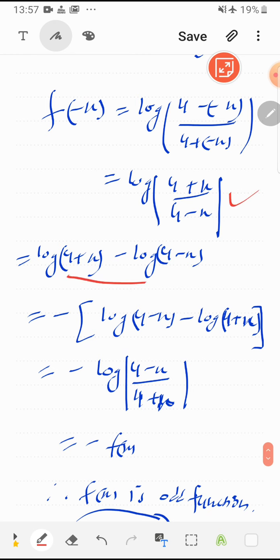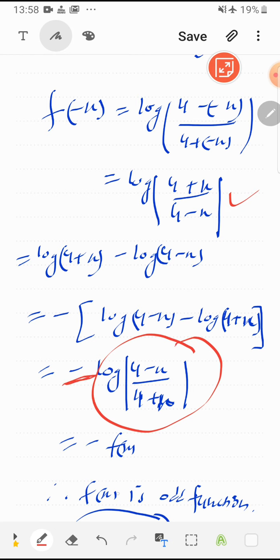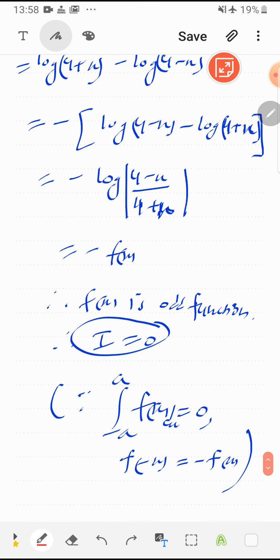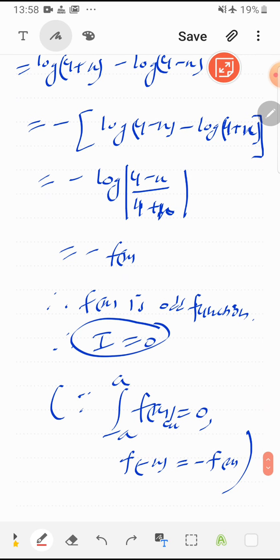Then log m minus n is this, take minus common and again apply log m minus n, so that means it is this. Now it is again f of x, but a negative sign is there, that means I have substituted x as minus x and the function becomes minus f of x, that means it is an odd function, and without any effort we can write its integral is 0.